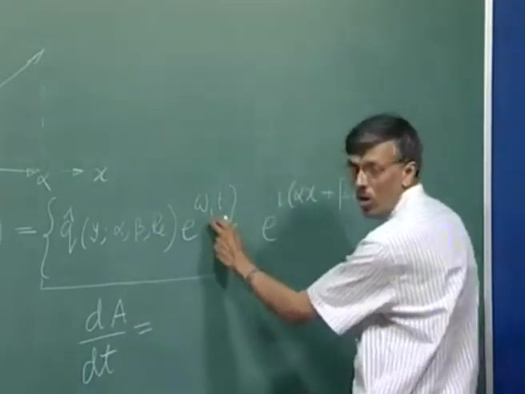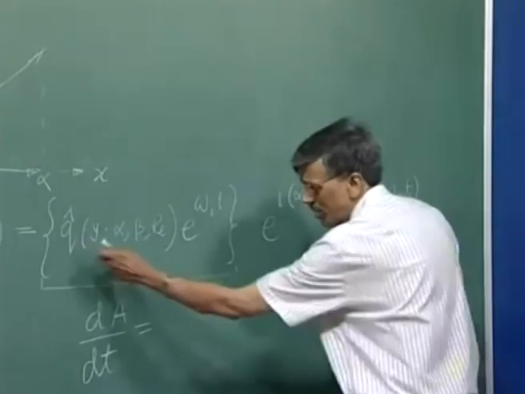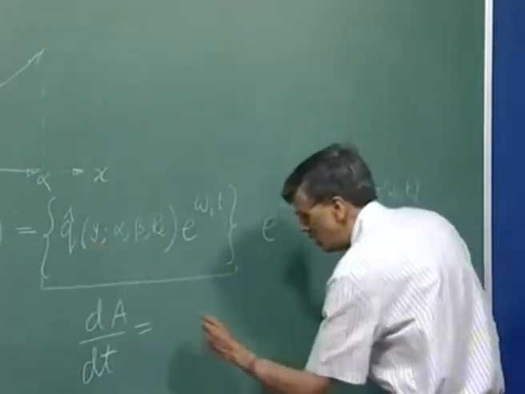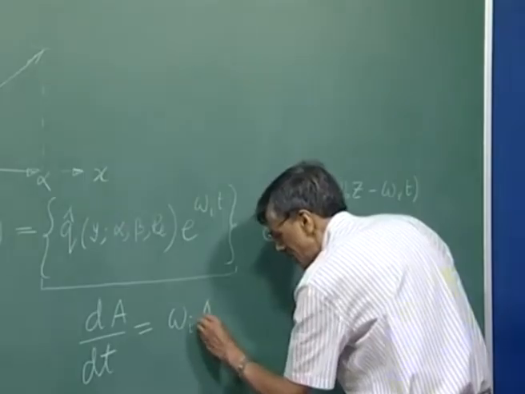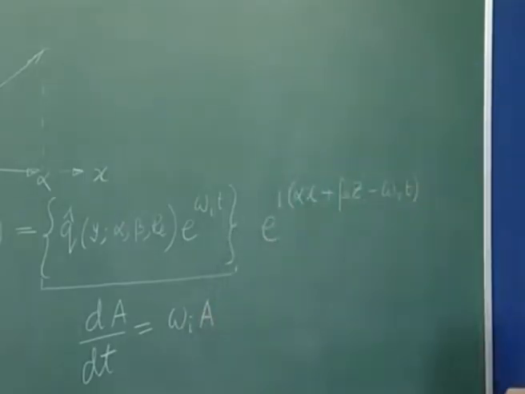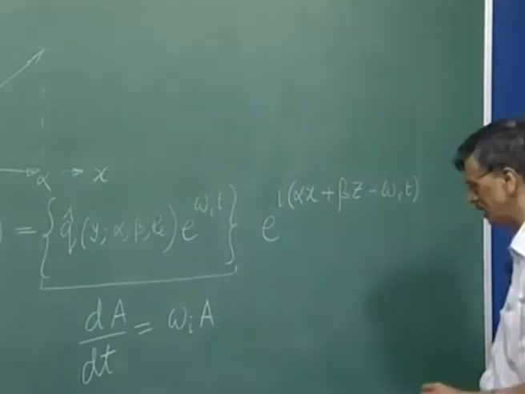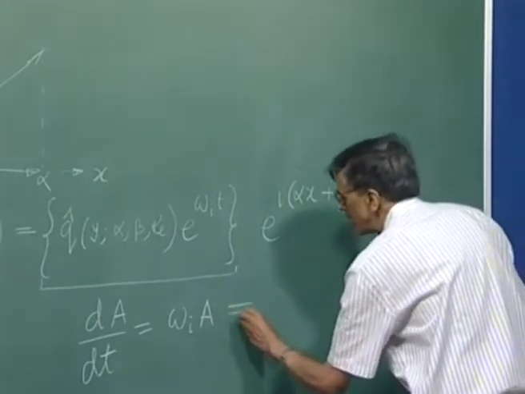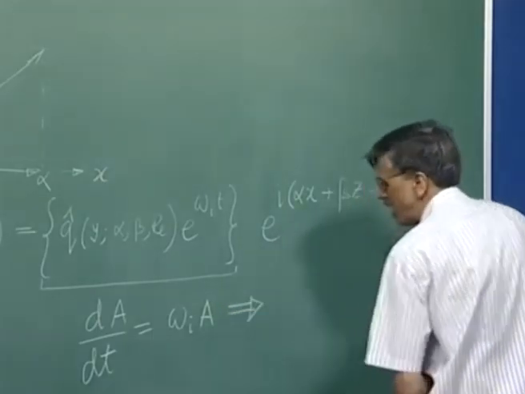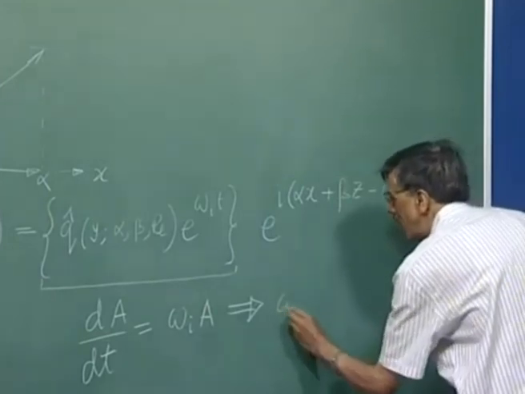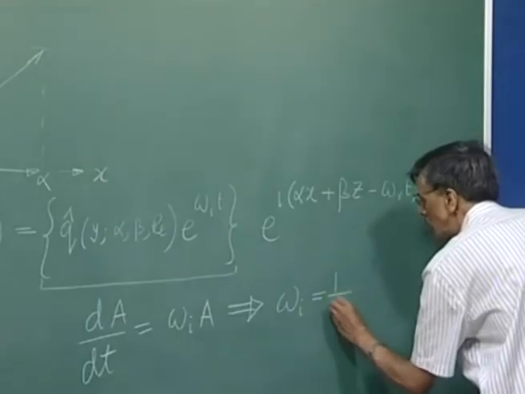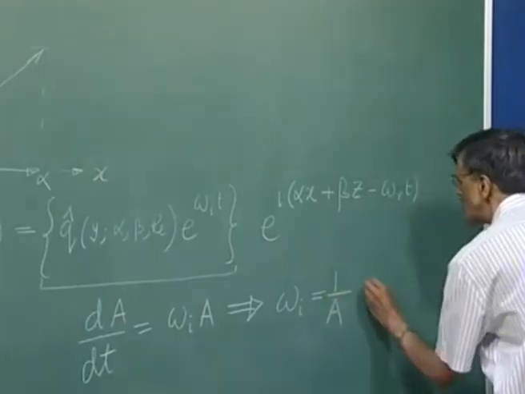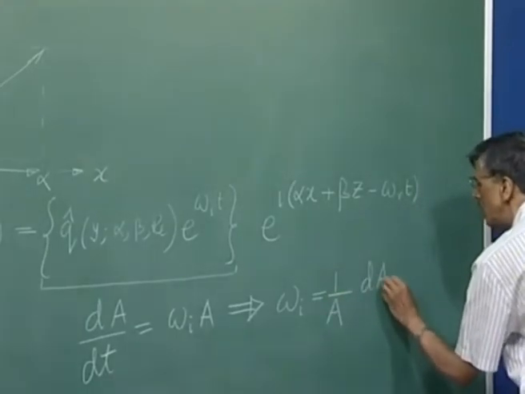I get omega I times this, and this is A, so it is omega I times A. This helps us define omega I as equal to 1 over A dA dt.